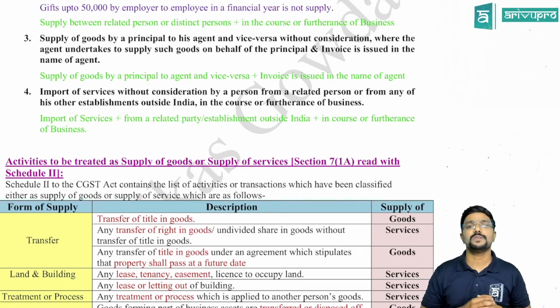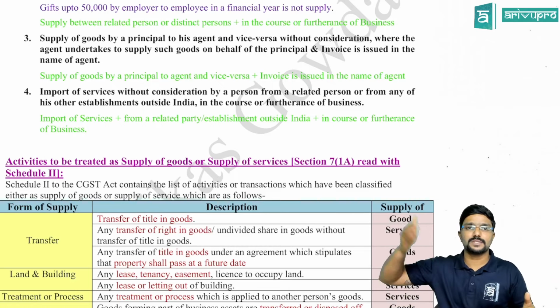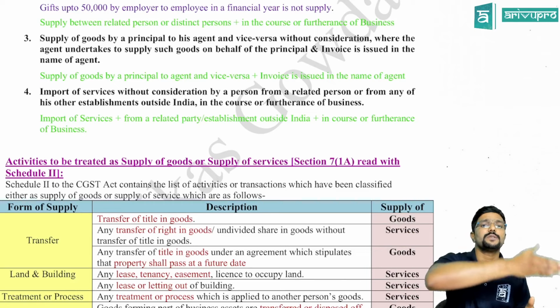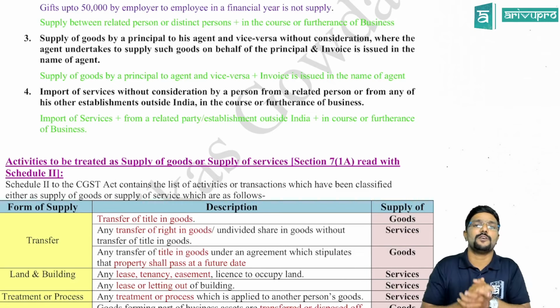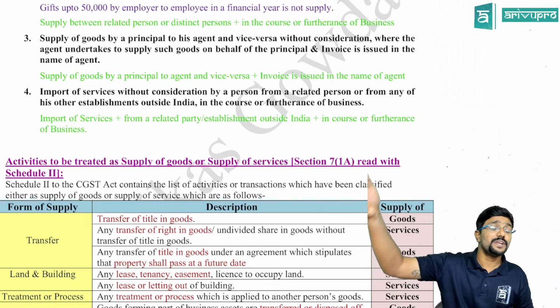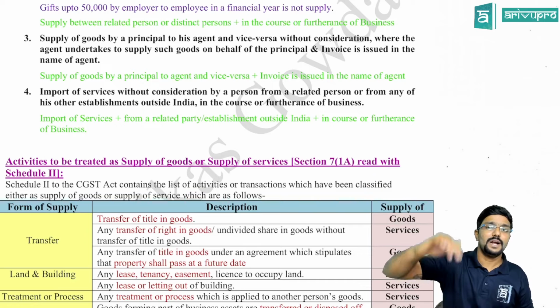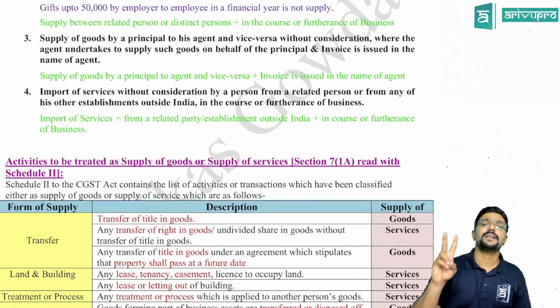Vice versa scenario is also covered. That is, assume the agent is purchasing the goods from the supplier and giving it to the principal. So the principal has appointed the agent to purchase the goods on behalf of him. When the supplier supplied the goods to the agent, the supplier has issued the invoice in the name of agent. And then the agent has supplied the same goods to the principal later. In that case, again, there are two supplies.